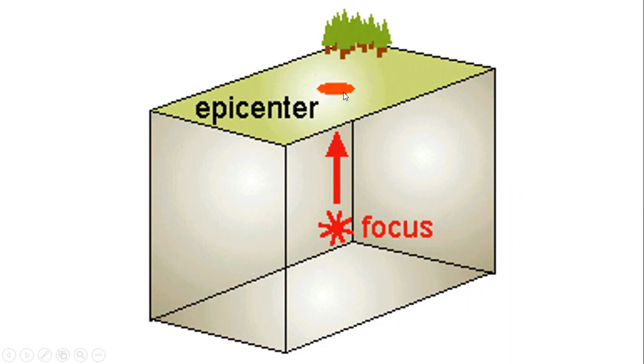Can you see it? This is called the epicenter. This is the area directly above the focus, which gets most of the injuries, destruction, and everything. It's the most destroyed area. This is the area which will get most of the destruction, most of the power, most of the energy.